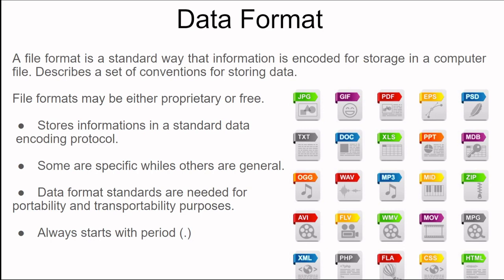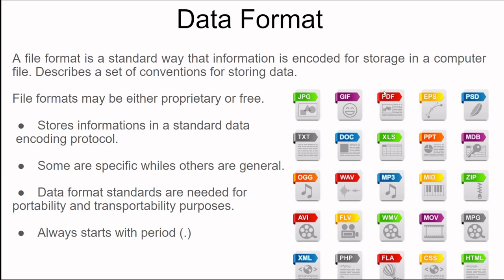Most of the time, file formats are indicated by a period. So you see the name of a file and then a dot followed by something. It could be anything, but these we are seeing, JPG, GIF, PDF, are all what we call the file format extensions.